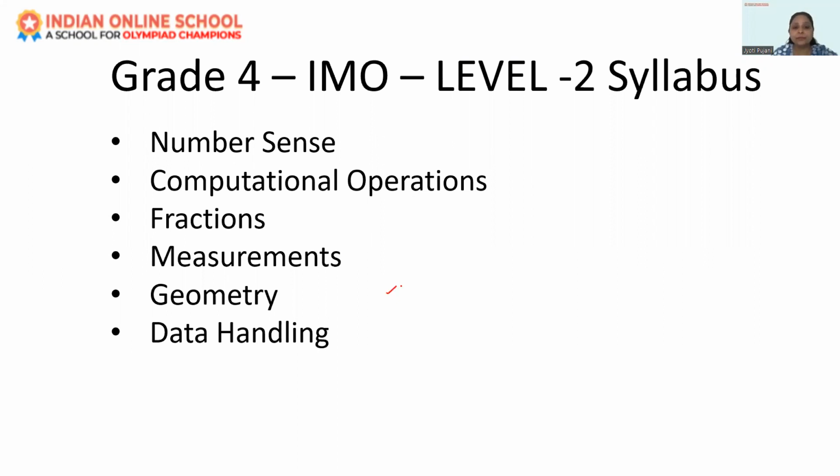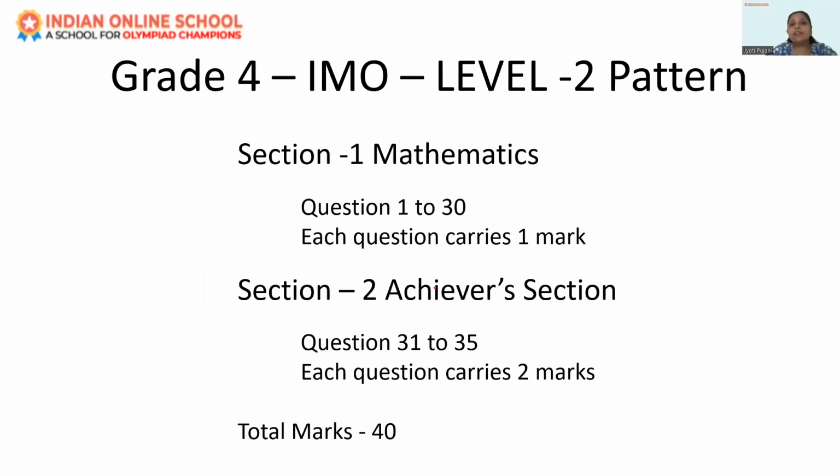In level 2, there will be two sections, mathematics and achiever section. In mathematics, there will be 30 questions and each question carries 1 mark. In section 2, the achiever section has 5 questions and each carries 2 marks. Total marks will be 40, as in level 1.